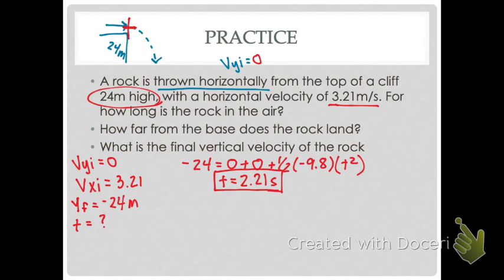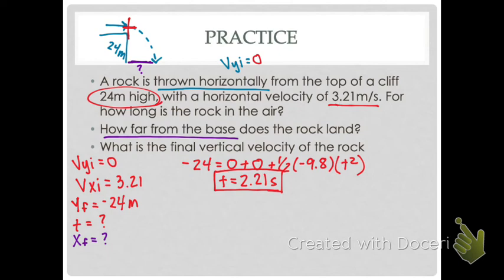Next, it asks me how far from the base does it land? So what variable does that mean I'm solving for? X final, very good. X final, my final horizontal displacement. So that means I'm looking for this distance right there in my diagram. I want to know how far. So now I go to my horizontal equations.